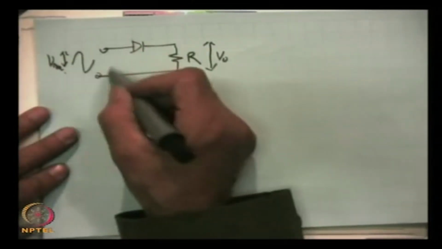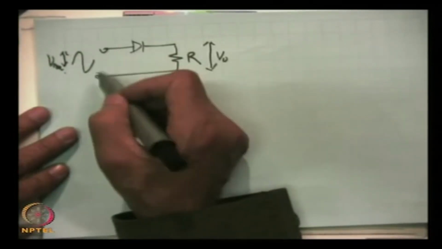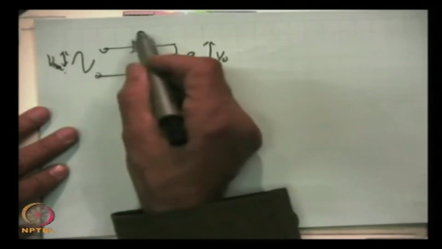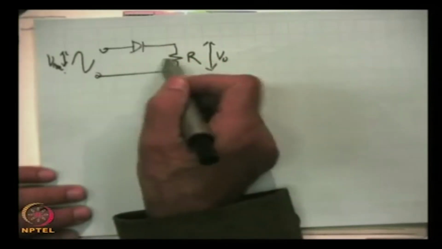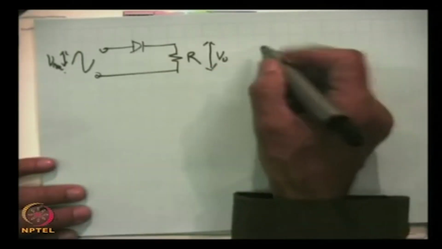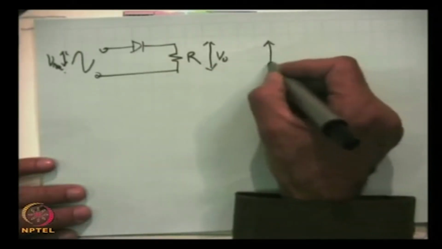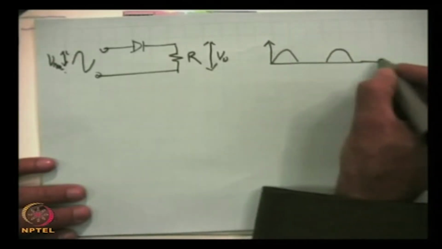In the lower half, the minus plus polarity will be there. This diode will be reverse biased, this will be an open circuit, no current will flow, and the output will be 0.